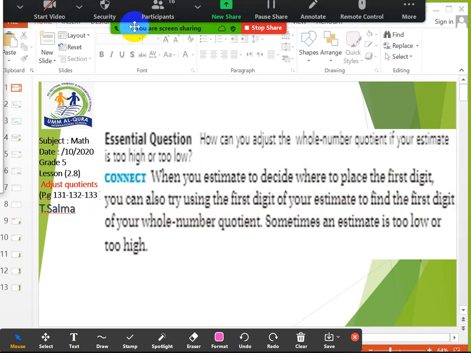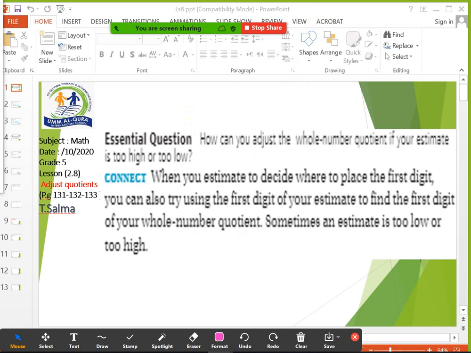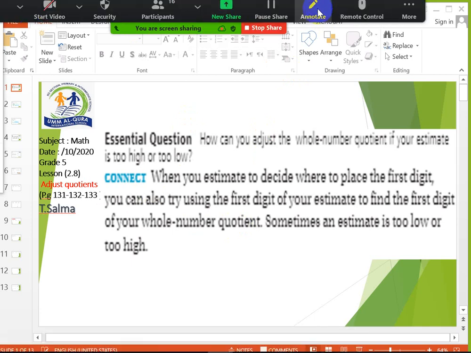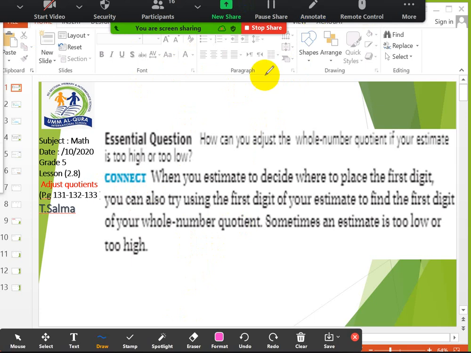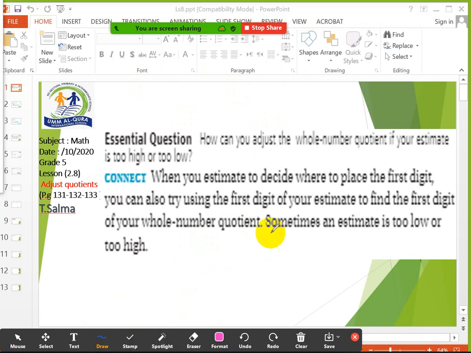You remember when I want to divide numbers, sometimes I told you, if I estimate and the estimation was 300, that when I want to divide, you can use the first digit in the estimation to help you know the first digit in the quotient. And that's what I mean in this sentence. Sometimes an estimate is too low or too high, and I want you to focus on this word.